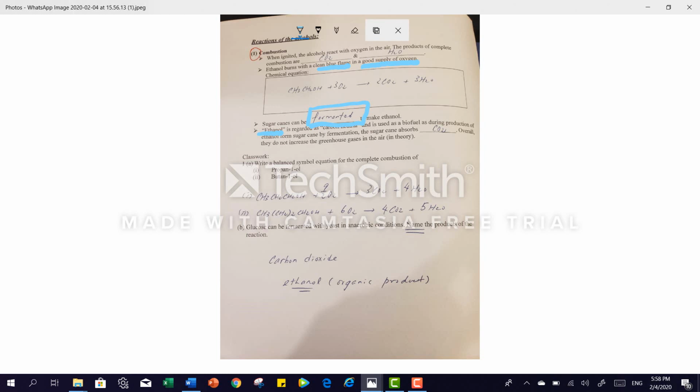The idea is if you produce ethanol this way by fermentation, when the sugar cane grows, it absorbs CO2 by photosynthesis. So even though during fermentation they produce carbon dioxide again, it's like a zero-sum game, because they absorb the CO2 during growing, and when they undergo fermentation they give out carbon dioxide, so the net carbon dioxide produced to the planet Earth is zero. So that's why we call it a carbon neutral fuel.